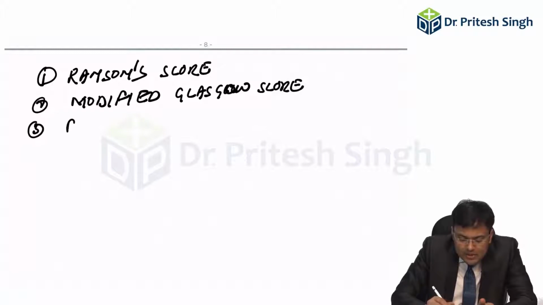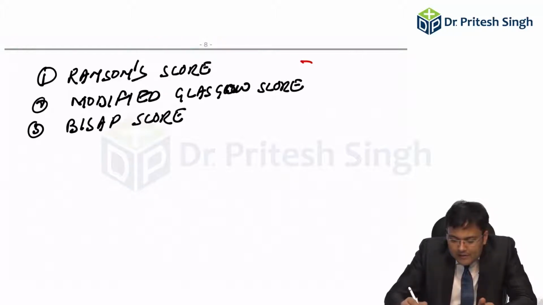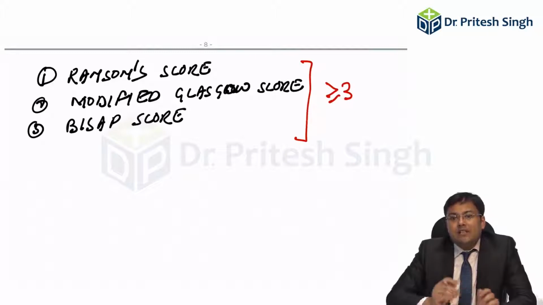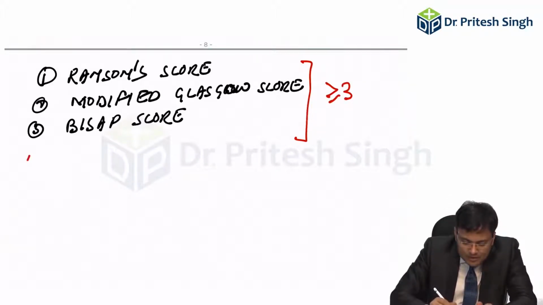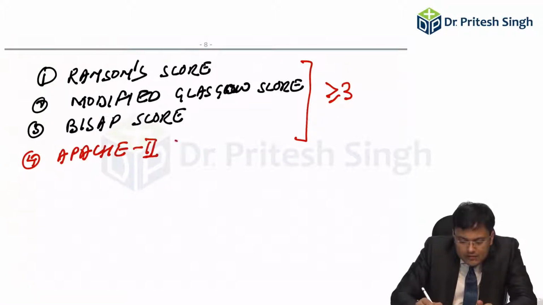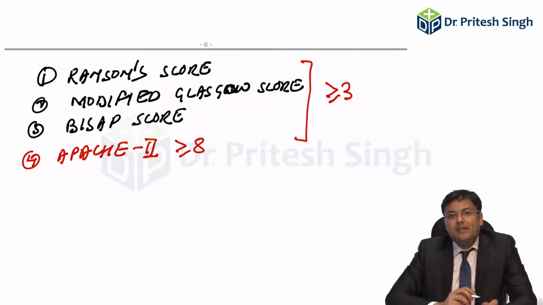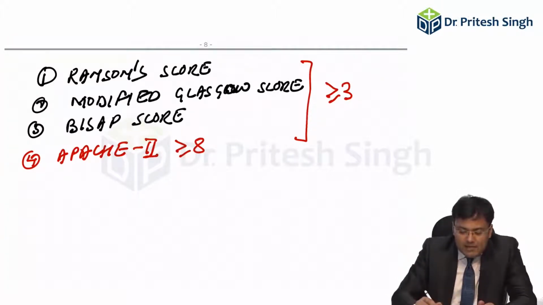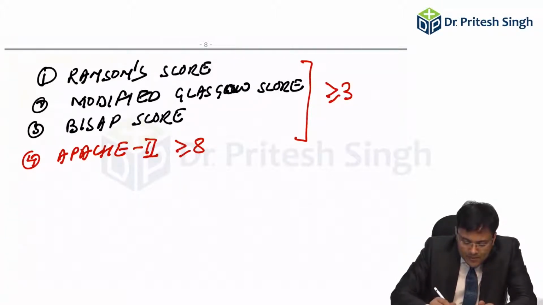Third, Bishop score. In all these three, if the score is more than or equal to 3, patient is having severe acute pancreatitis. Fourth, APACHE 2. If the score is more than or equal to 8, patient is having severe acute pancreatitis.